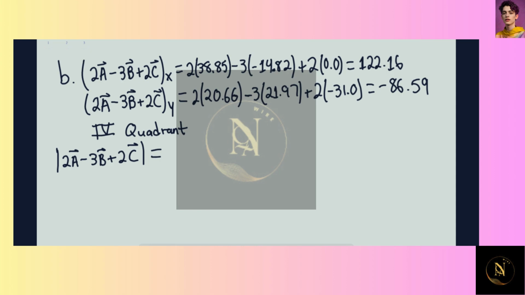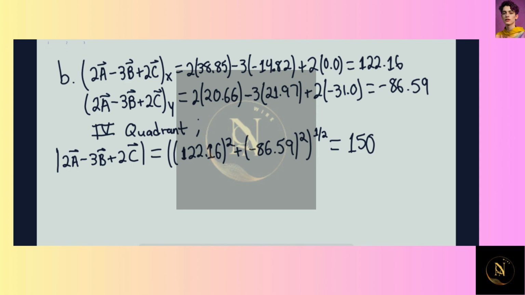And this is going to equal 122.16 squared plus negative 86.59 squared, all to the 1/2 power. And this is equaling 150 approximately. My apologies. Let's write it in vector form as well.